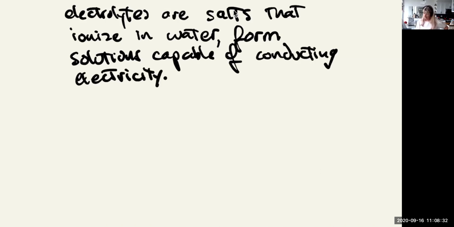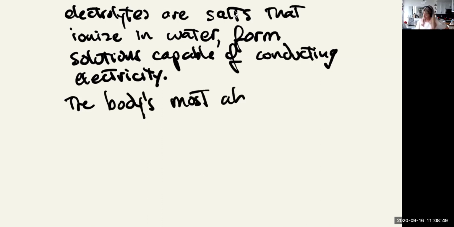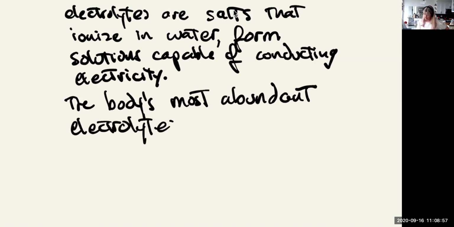The body's most abundant dissolved electrolytes are sodium, calcium.